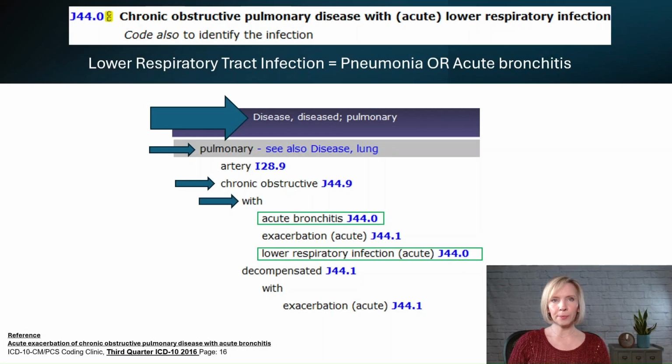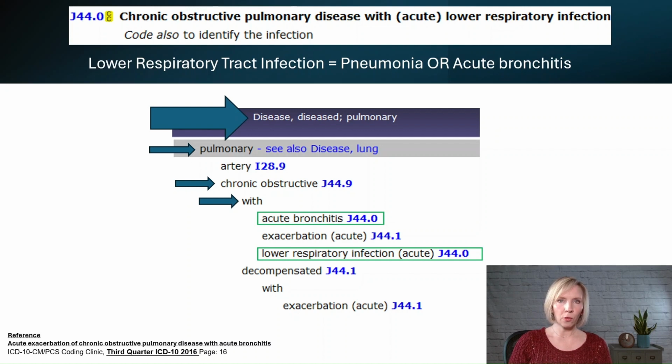There is also a specific code used to distinguish between uncomplicated cases of COPD and cases of COPD with a lower respiratory tract infection. Code J44.0 is used to capture COPD with lower respiratory tract infection. Coding Clinic has provided guidance on which infections are considered to be lower respiratory tract infections, confirming that both pneumonia and acute bronchitis fall under this code.